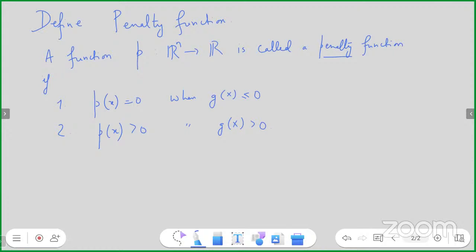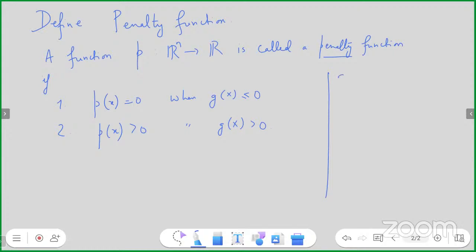No, g is given to you. You don't have to worry about what g is. Given a g, what is a valid p? g is some fixed function. This is not contingent on a particular g. For any g, I'm defining this. So you give me g, I will output a p. g of x plus, the essential maximum with 0.